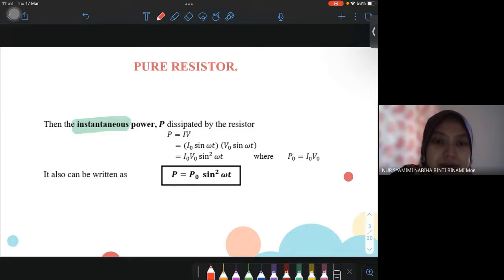Ada orang? Vincent tak ada, Vincent. What is instantaneous power? Semua dah tidur ke?